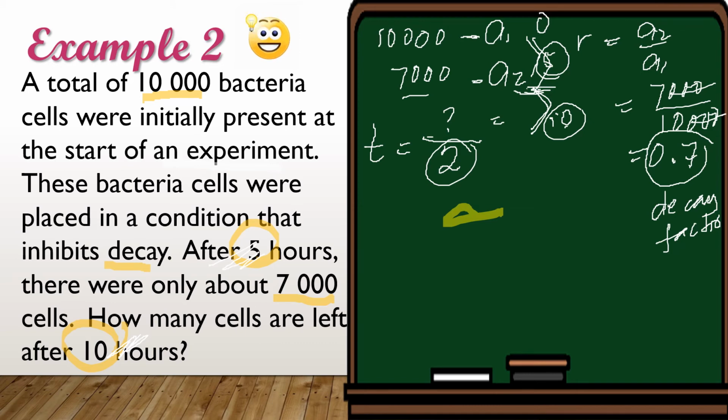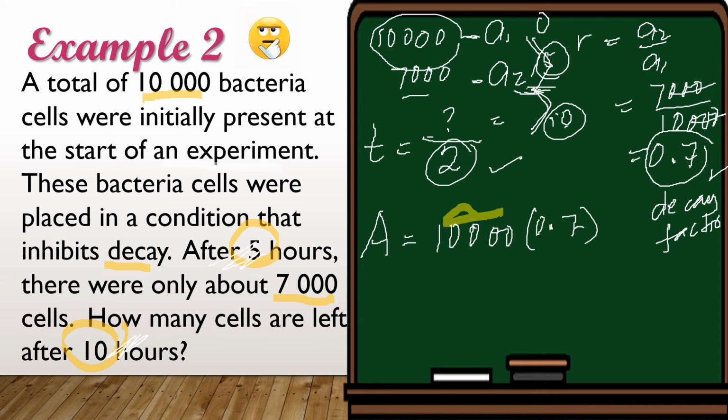Now we have complete given, we have P, we have time, and we have R. We can now solve this. So A is equal to 10,000 times 1 minus r, which is already 0.7, raised to time, which is 2.